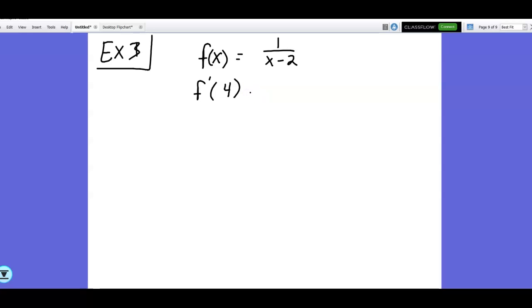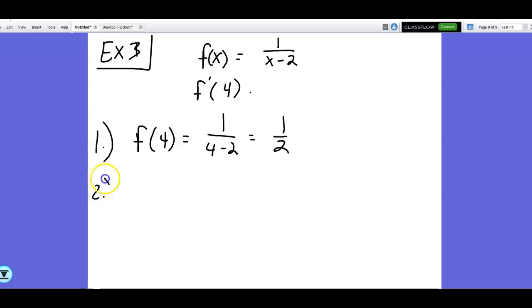There we go. All right, so step 1, find f of 4, right? And I end up with a half. Step 2, plug your stuff into the limit definition of the derivative.